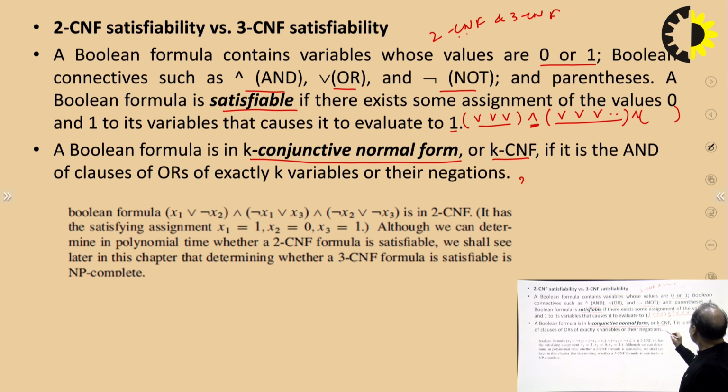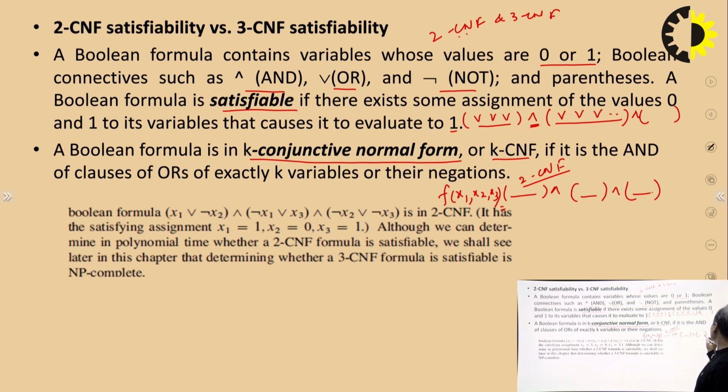If we talk about 2CNF, suppose we are talking about variables in three terms, x1, x2 and x3. Here we cannot have more than two terms, here we cannot have more than two terms, even here we cannot have more than two terms. So this is 2CNF.